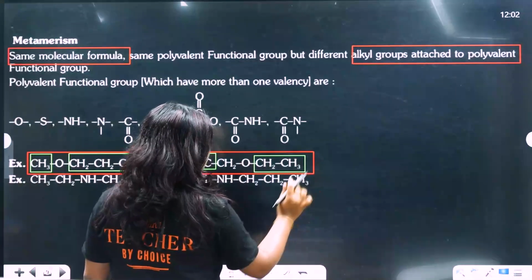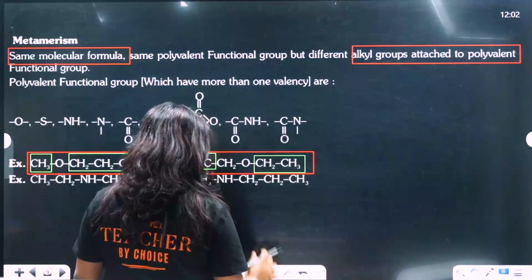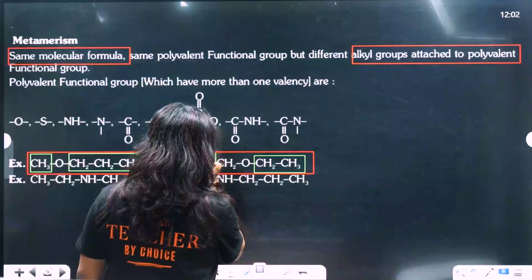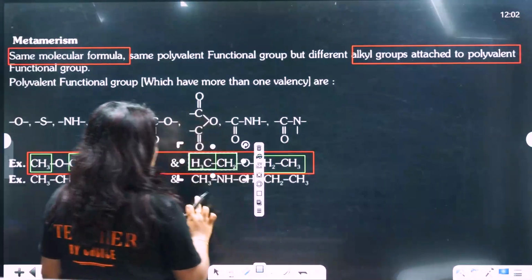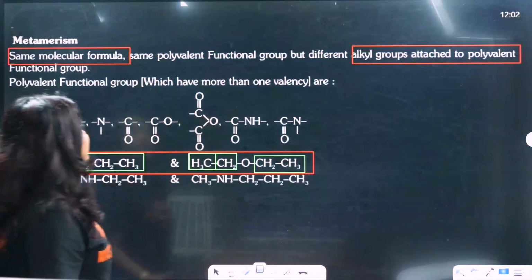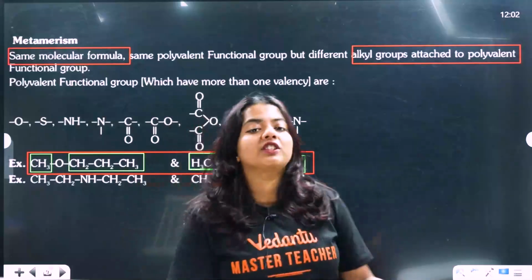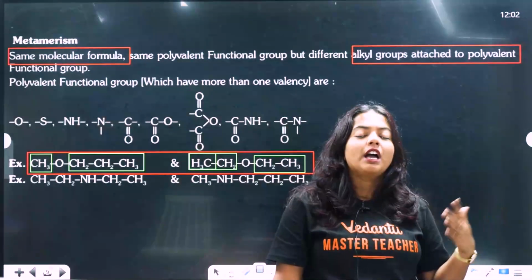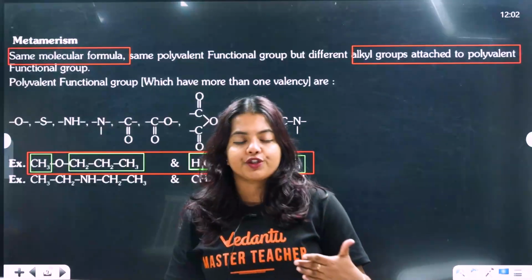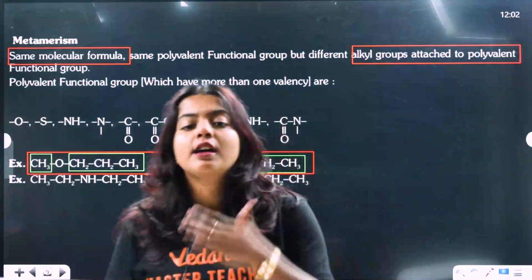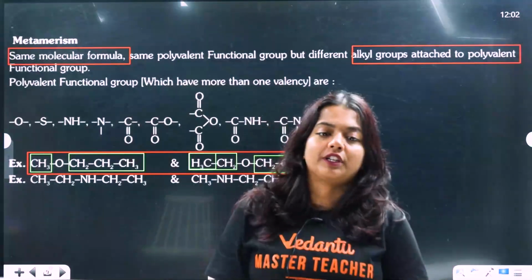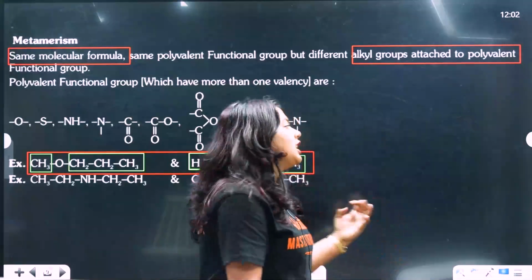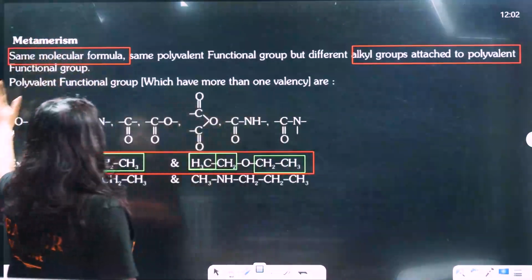Here, in the first position, they also have CH3 CH2. So the alkyl group has changed. Their functional group is correct and the same. A functional group with more than one valency is a polyvalent functional group, but the number of carbons in the attached alkyl group will be different. That is actually called metamerism.